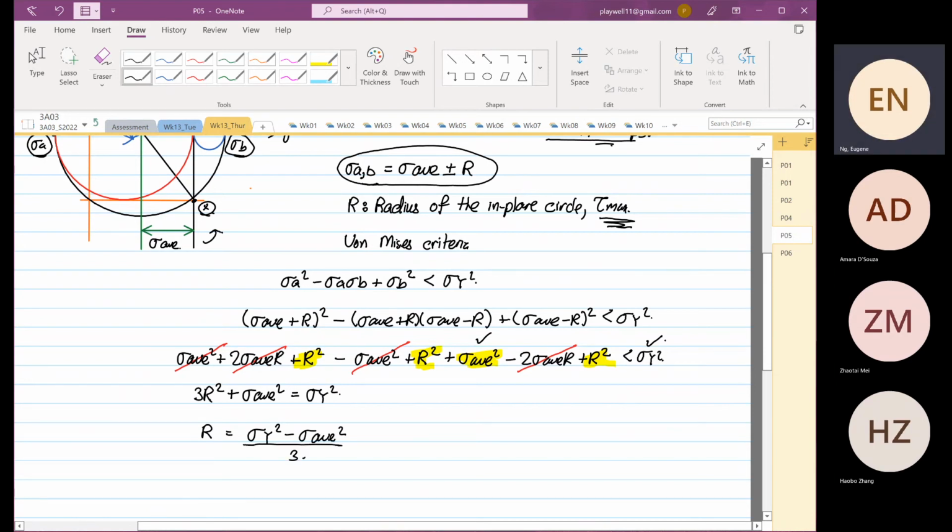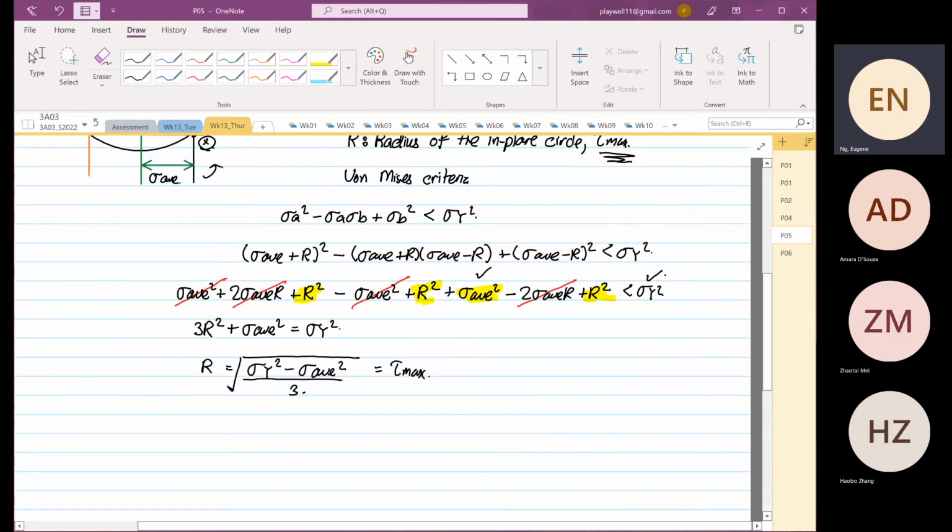And this is also equal to our tau max, which is equal to the radius of our circle.